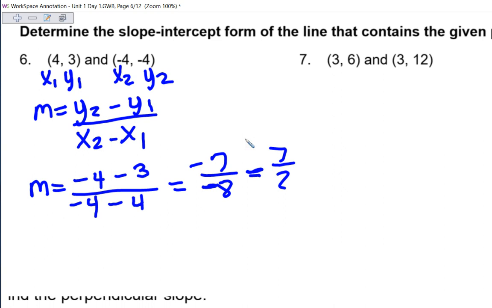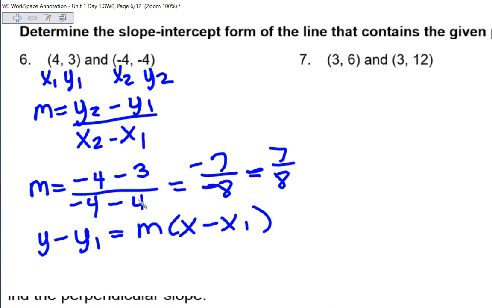No, because what are they asking for? Slope-intercept form. So what do I do next? Yes, now I have the slope, and I was given points. Now I can do the point-slope form. The formula is y minus y1 equals m times x minus x1.